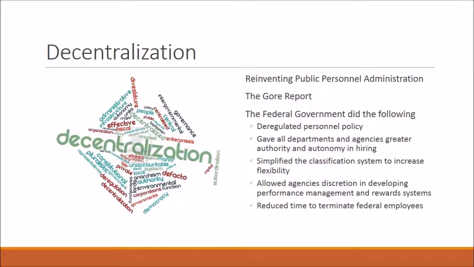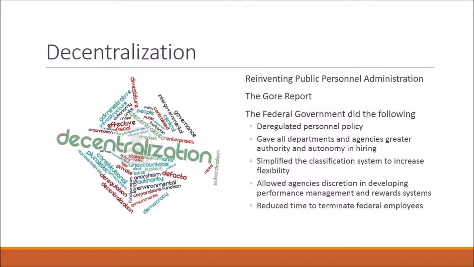As a result of the Gore Report, the federal government took the following actions. It deregulated personnel policy by phasing out the 10,000 plus page federal personnel manual and all agency implementing directives. It gave all departments and agencies authority to conduct their own recruitment and examinations for all positions and abolished all central registers and standard application forms.